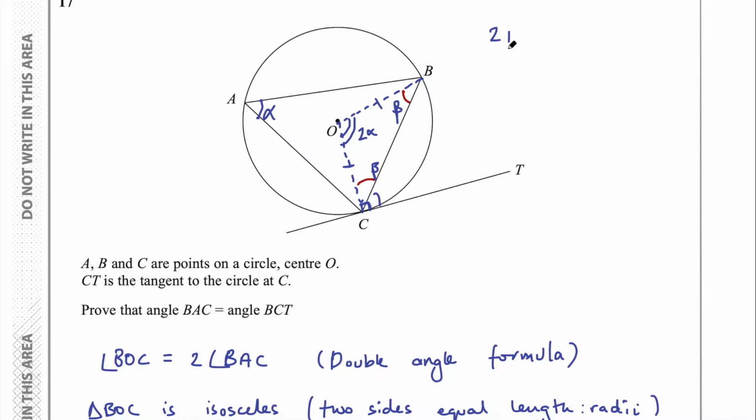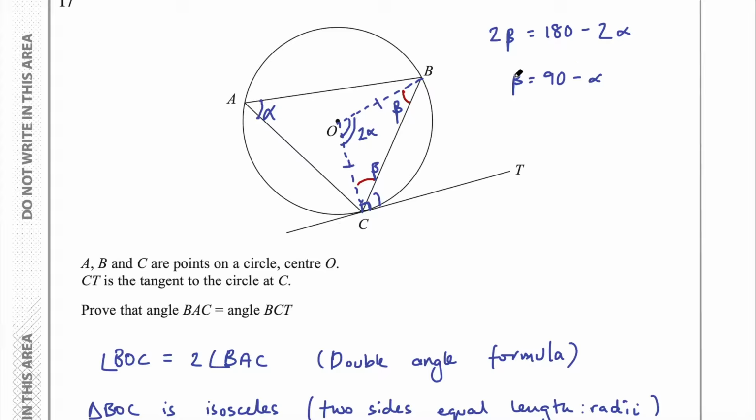So 2 beta equals 180 minus 2 alpha. That's that other angle in the triangle. Then we could divide by 2, so therefore beta equals 90 take alpha. And then I can make alpha the subject of this equation, so rearrange it so that alpha is by itself.